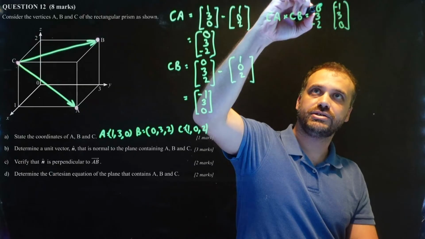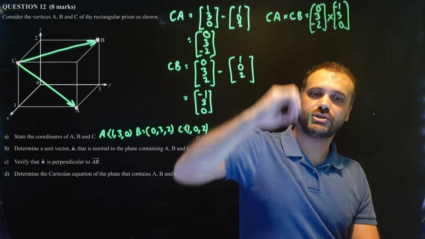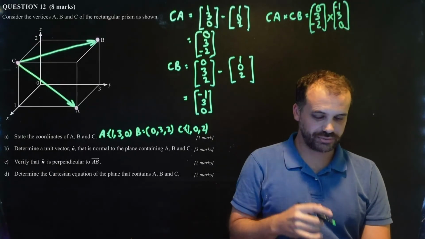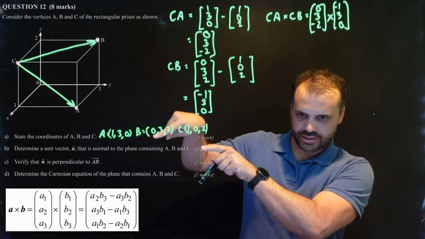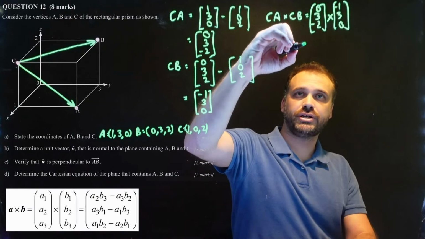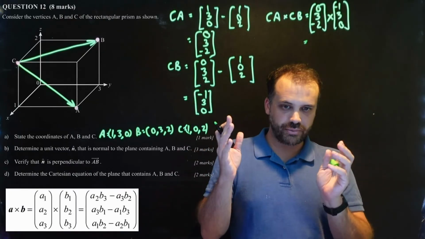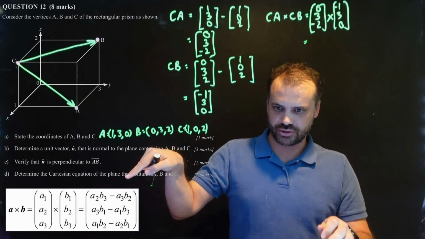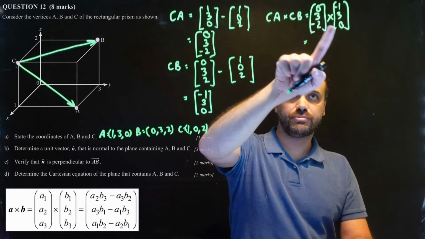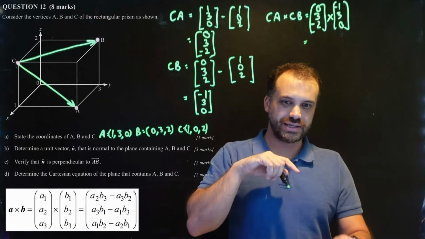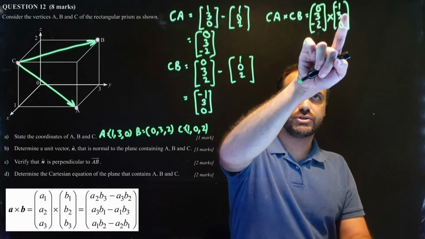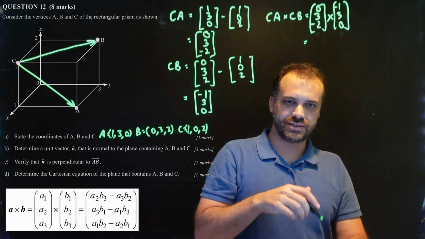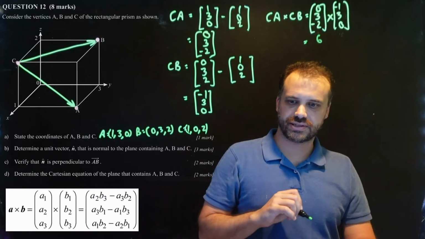There are my 2 vectors, and I'm going to take the cross product of them. Formula sheet. There it is, cross product on your formula sheet. Now, don't bother memorizing it, just do what it tells you to do. So it says do A2, B3, so 3 times 0 is 0, and then minus A3 times B2, so minus 6. So that's going to be positive 6.